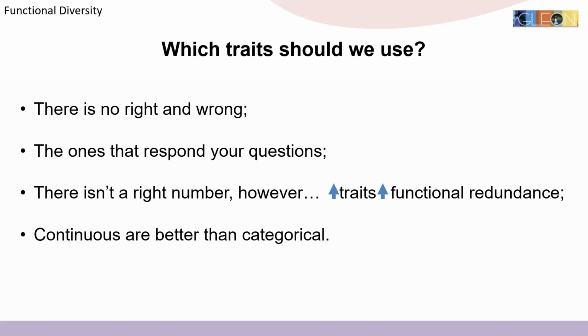Then if you choose all of them to put in your indexes, you can have functional redundancy. And continuous are better than categorical. So if you have, for example, body size that is a number, it's better to have the measurement than to classify it as small bodied or medium and large. It's better to use the real measurement.